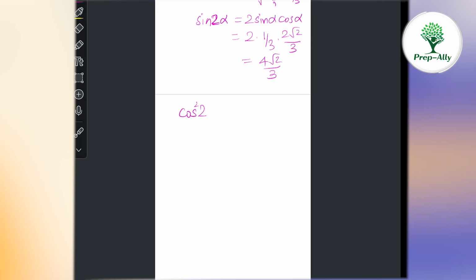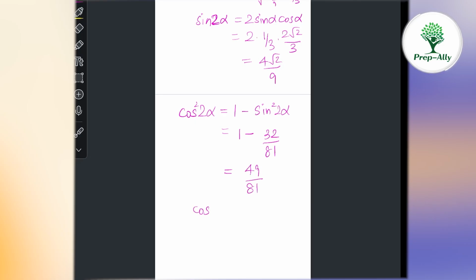Cos squared 2 alpha equals 1 minus sine squared 2 alpha, which is equal to 1 minus 32 by 81, since the denominator is 9 here, so that equals 49 by 81.